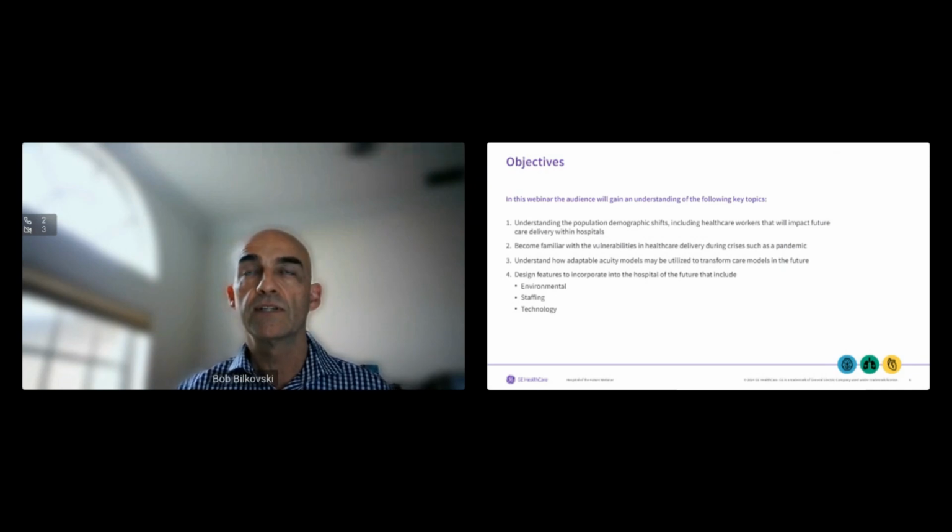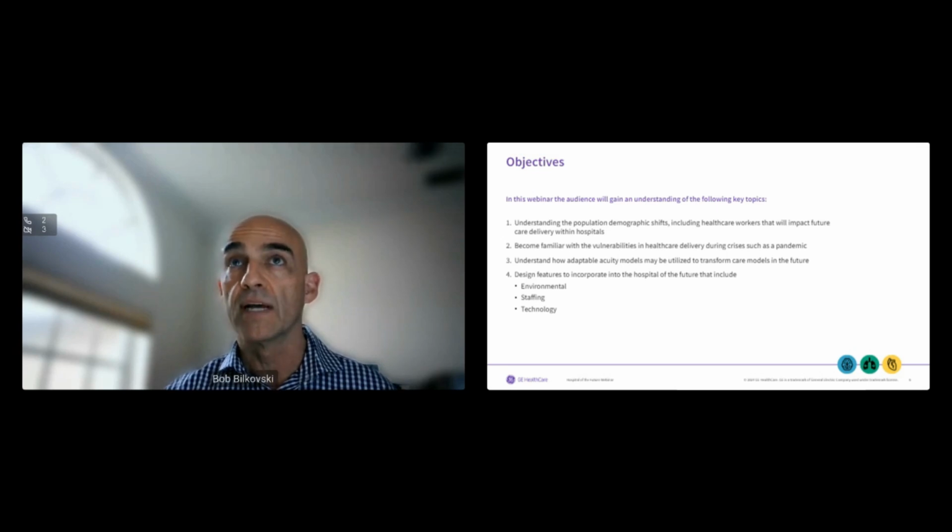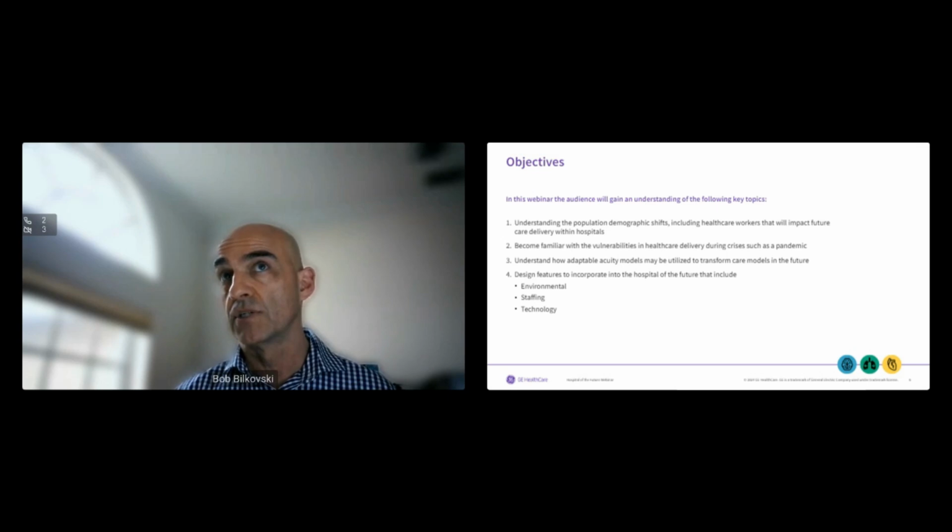So this is going to be a high-level overview of the consideration of redesigning the hospital of the future with a lens towards what's called adaptable acuity models. Before we get into that, my portion of the conversation will really talk about the foundational issues.